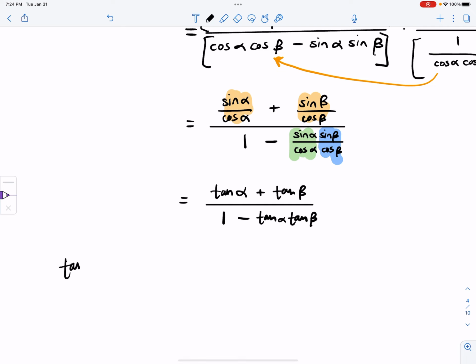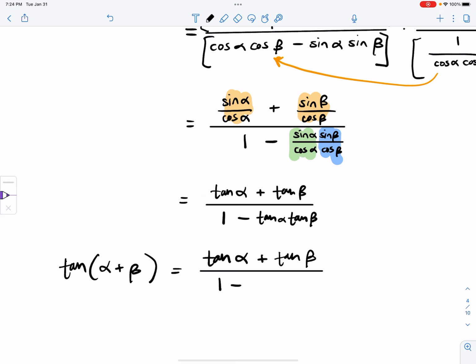So let me rewrite that. So this is another identity that you need to memorize.